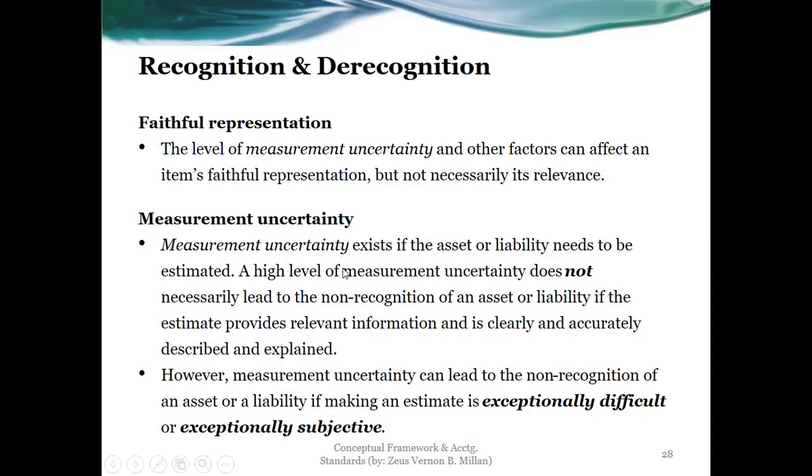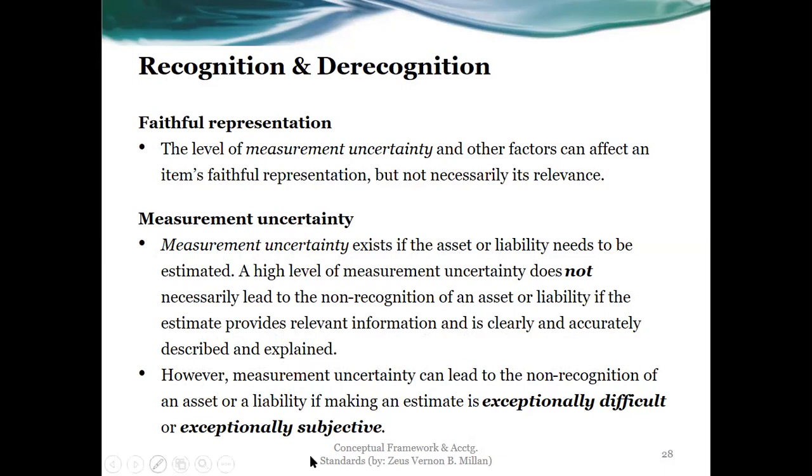Now, if there's measurement uncertainty, which means that an asset or liability needs to be estimated. So uncertainty question, like we do not know the exact value, hence we do the estimate. However, again, we said that in making estimates, they should be professionally made, not just personally made.